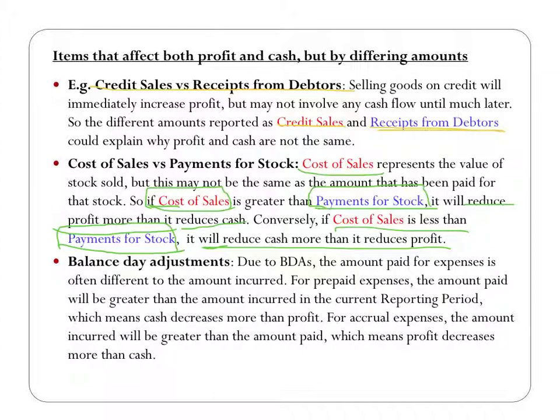However, the actual sales you've made is not so good, and so the cost of sales is less than the payments for stock. So in this case, the cost of sales, this expense item, is going to reduce your profit less than how much the payments for stock reduces your cash balance.